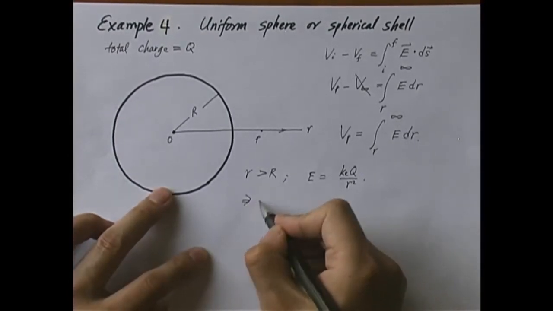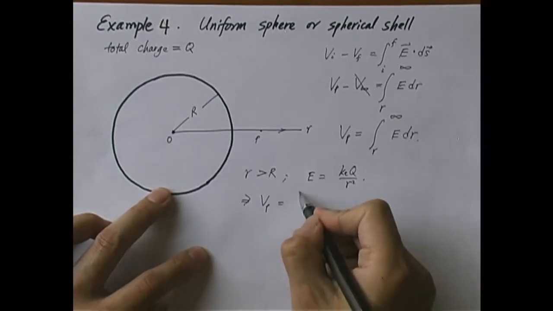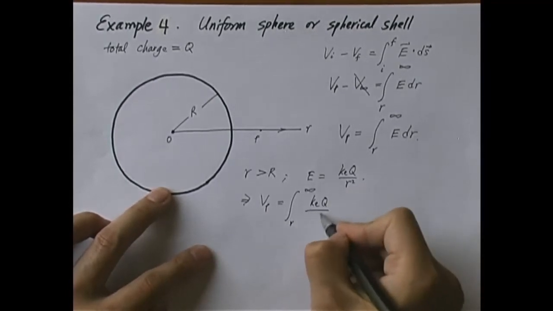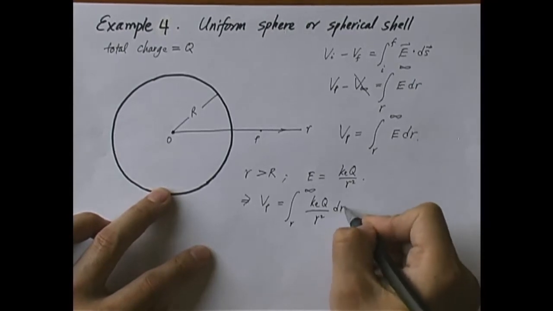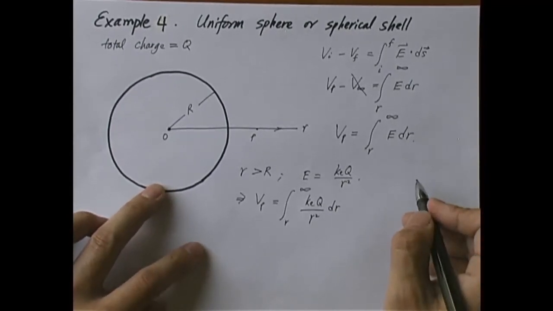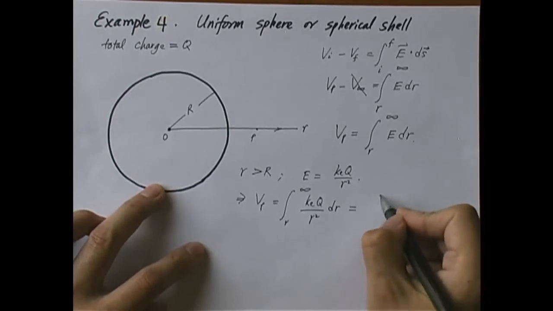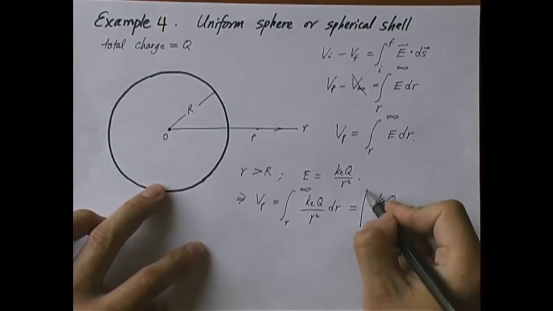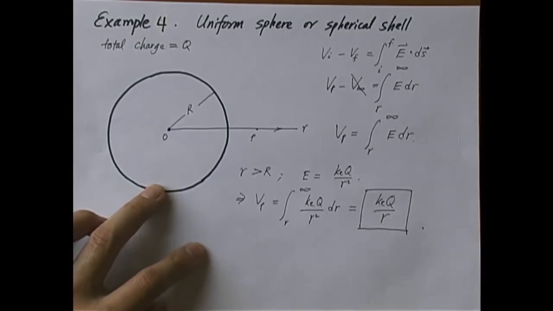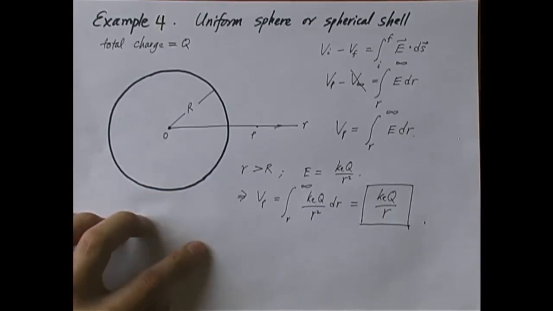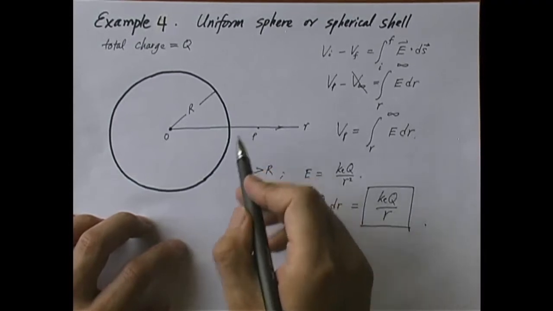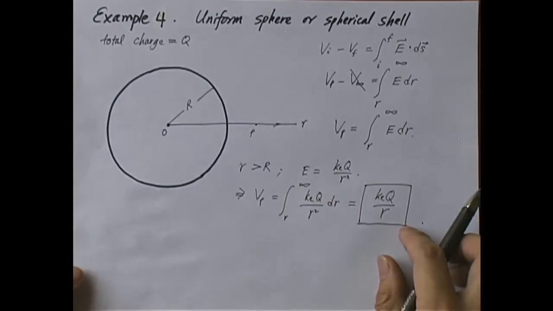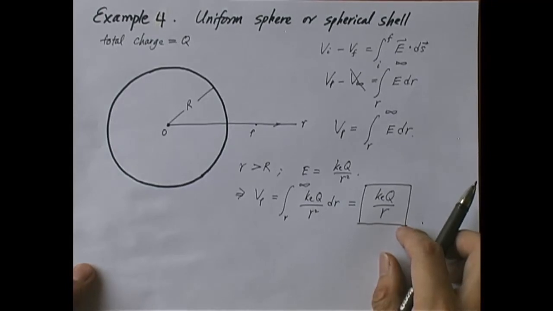Then I get Vp equals the integral from R to infinity of KQ over R squared dr. We can easily finish this integral, and that turns out to be just KQ over R. It's just that simple. That is when you have a point outside the sphere. You always get that, whether the sphere is empty, hollow, or solid.